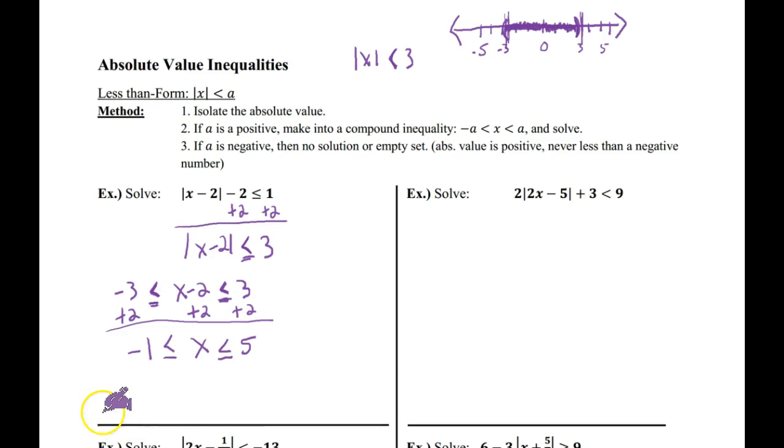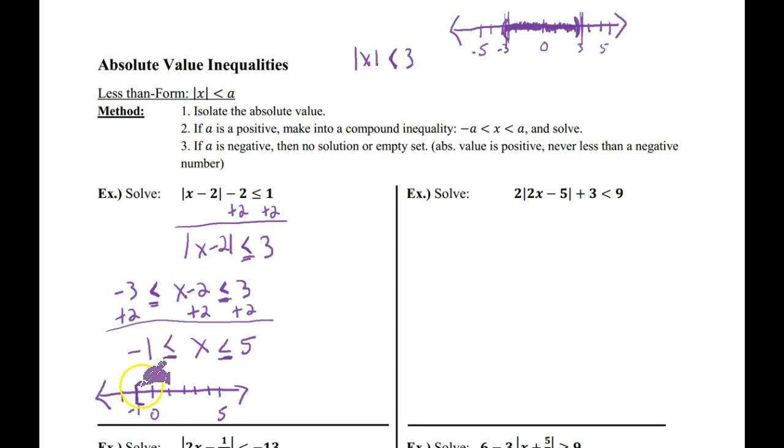If I wanted to graph this on a number line, I'm going to put my 0 down here, then negative 1, and 1, 2, 3, 4, 5. I know it's going to be the set of values in between. Because I have the equal to bar, I'm going to use a bracket or a closed point.